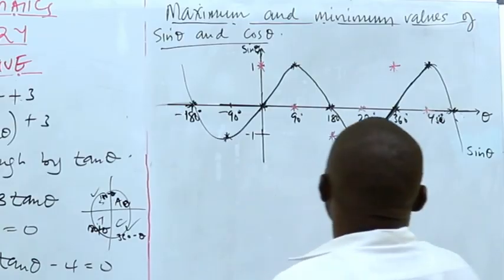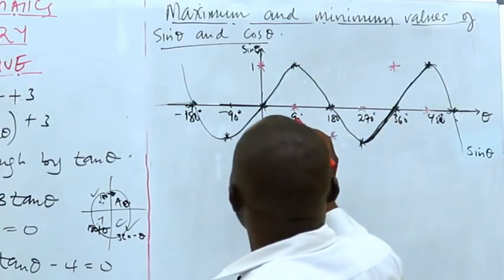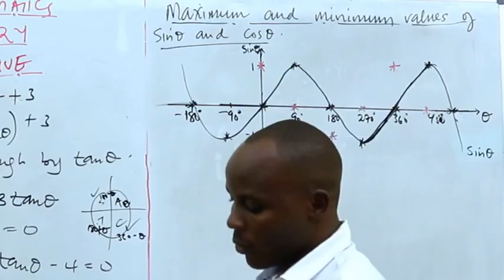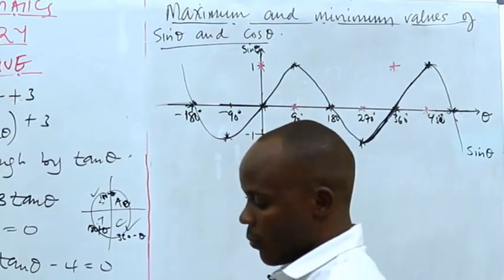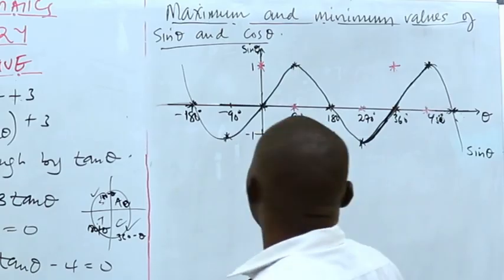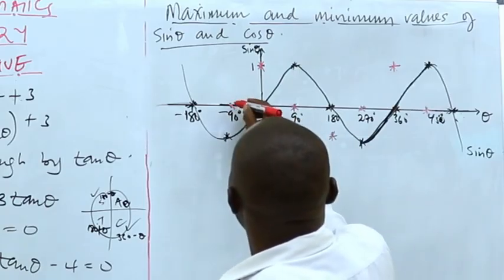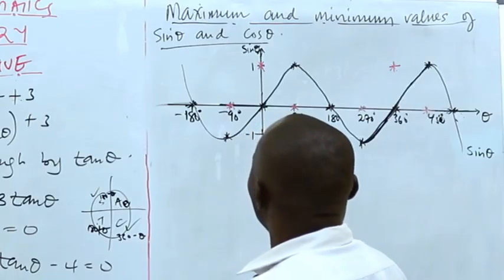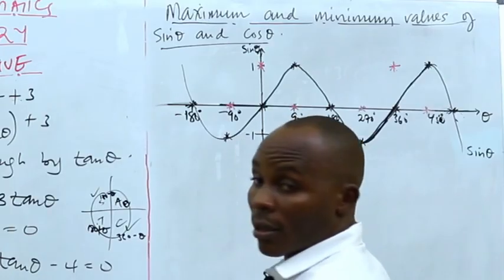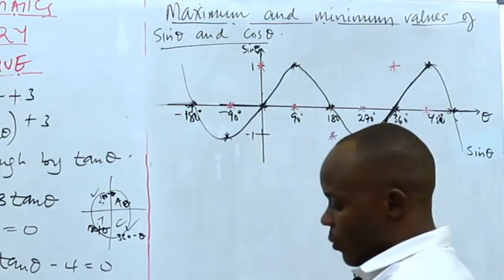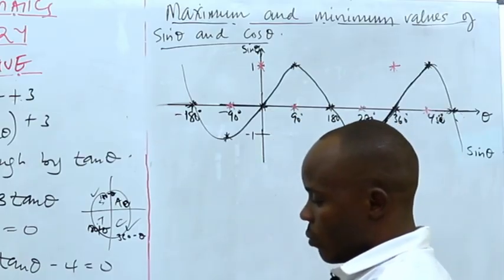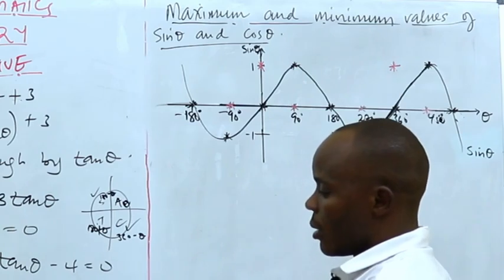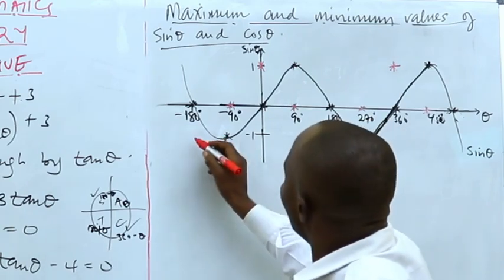Then I can move to the other side. Cross-check cos of -90. It is 0. It is here. And we can look at the cosine of -180, and that is -1.